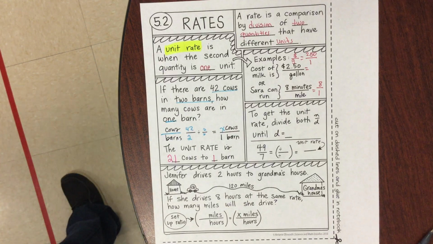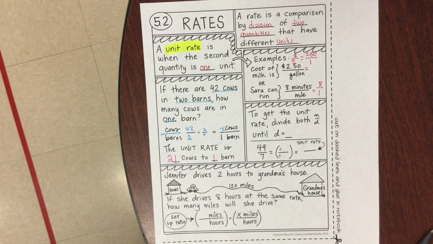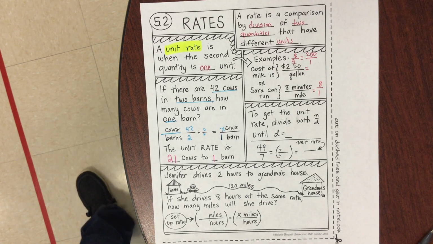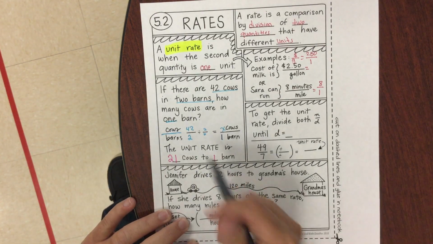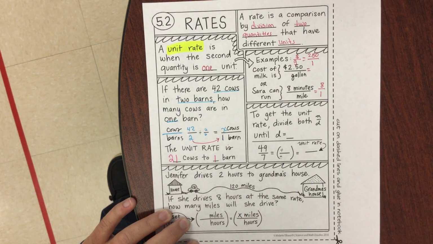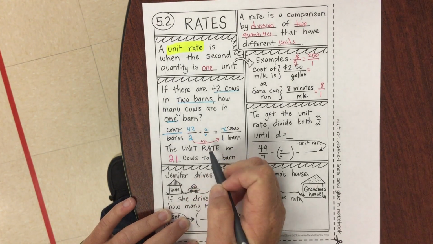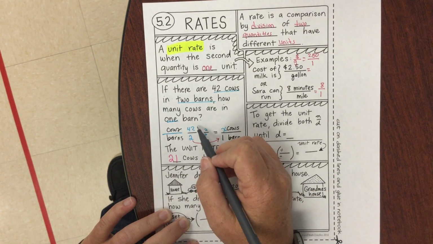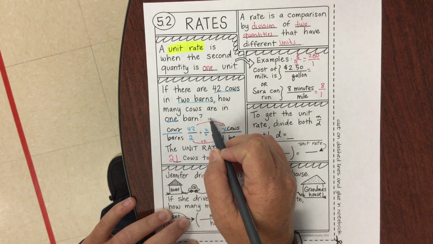Yes? How did you divide by 2? That's a good question. Why did I divide by 2? Well, because I know that I have to do something to 2 to get to 1, right? So I'm going to divide by 2. Whatever I do to the bottom, I've got to do to the top.